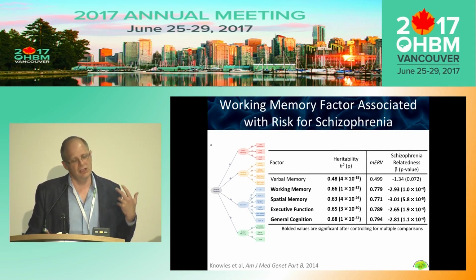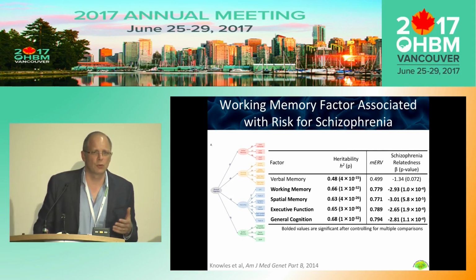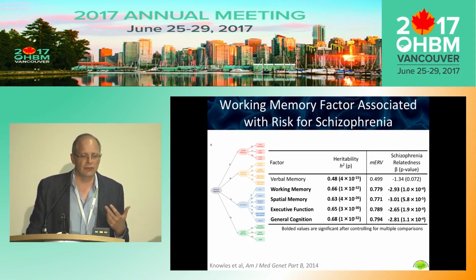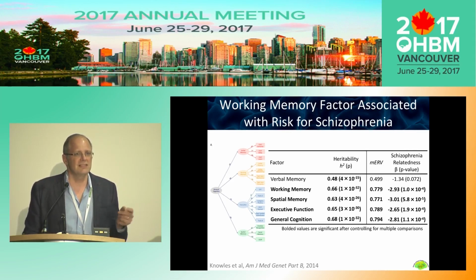And so we showed that you have a verbal memory factor and a working memory factor and a spatial memory factor, and they're all heritable. Based on some work that we were interested in, you can show that they're associated with the liability for schizophrenia. So we wanted to take this spatial memory factor, the one that had the highest association with liability for schizophrenia, and see if we could find a gene associated with it using whole genome sequence.